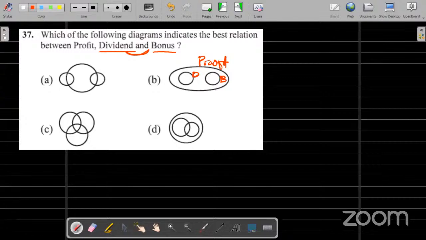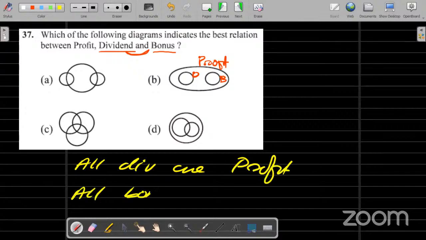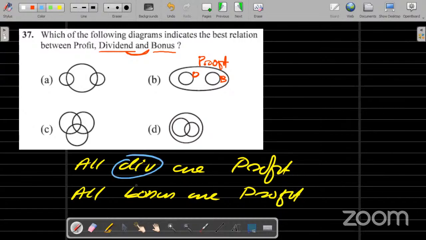The actual relation is all dividend are profit, all bonus are profit, and there is no relation between dividend and bonus. And if you think from profit to dividend, I'll get some profit are dividend, which is not correct. So option B will be the answer to the question.